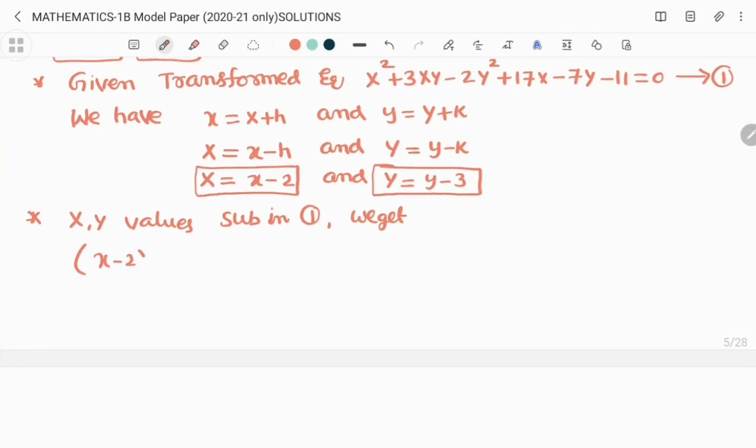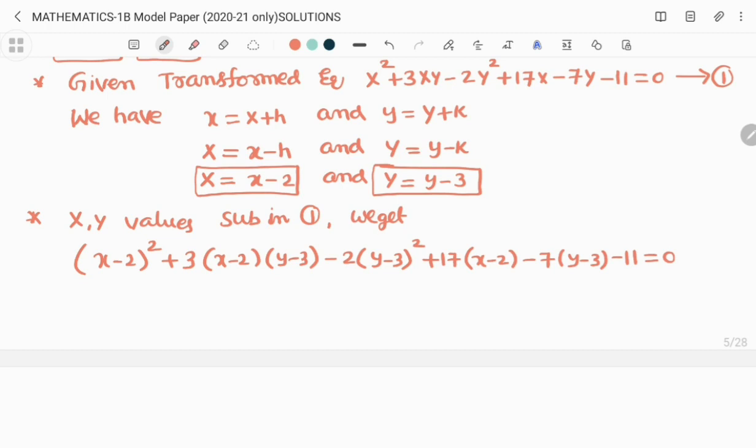x minus 2 whole square plus 3 into x minus 2 into y minus 3 minus 2 into y minus 3 whole square plus 17 into x minus 2 minus 7 into y minus 3 minus 11 equal to 0.